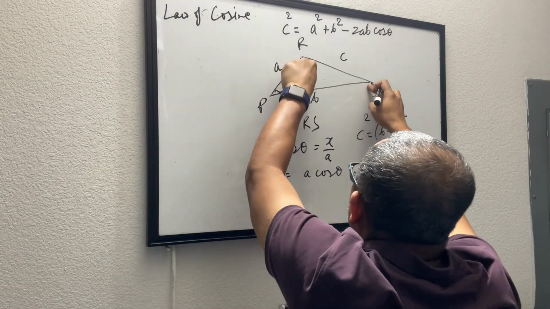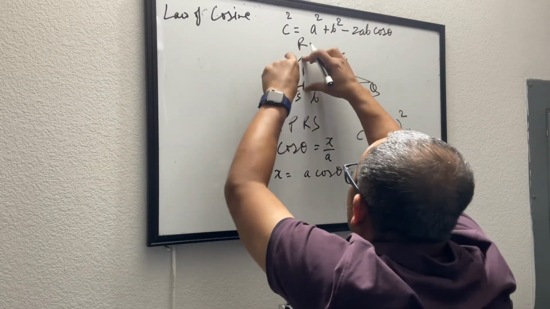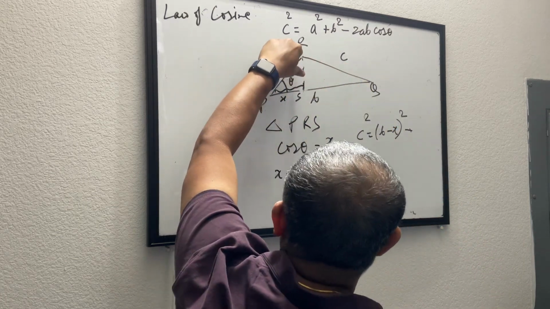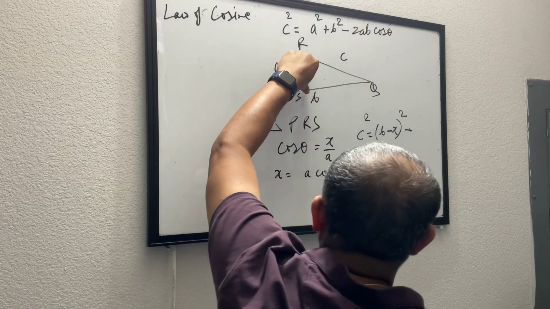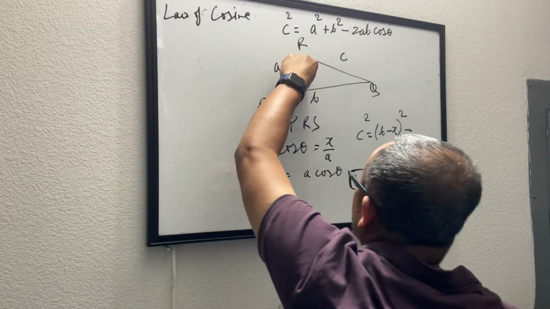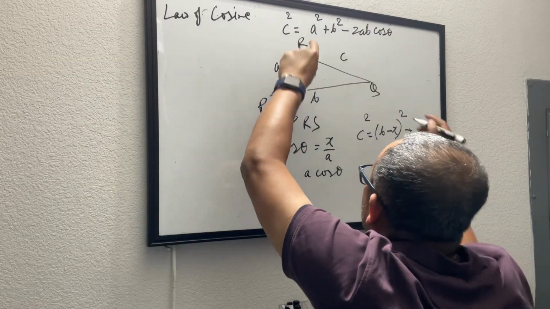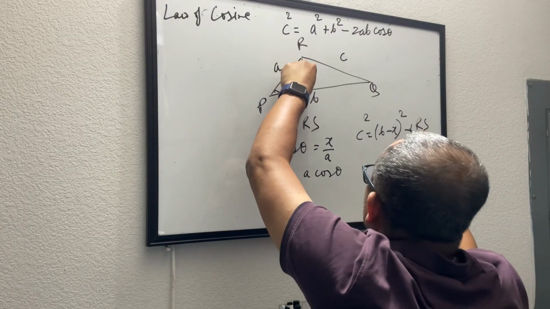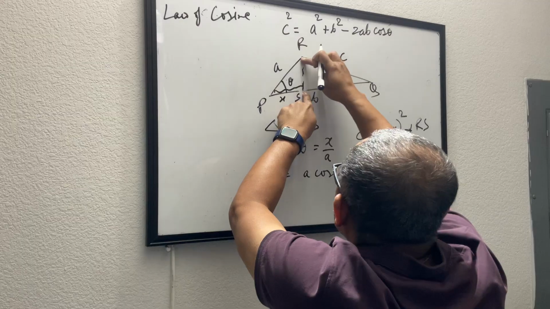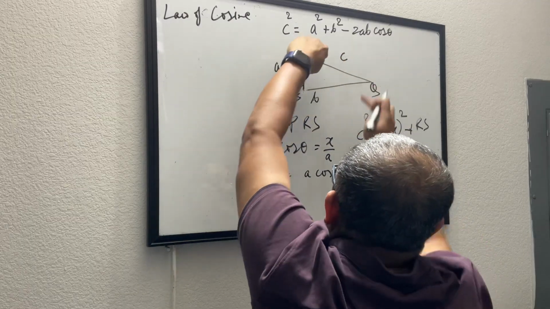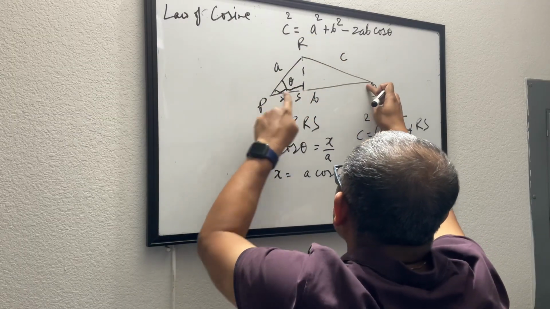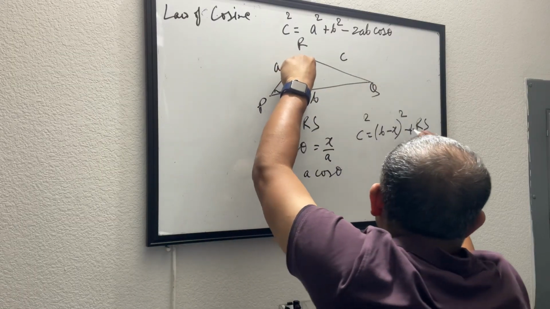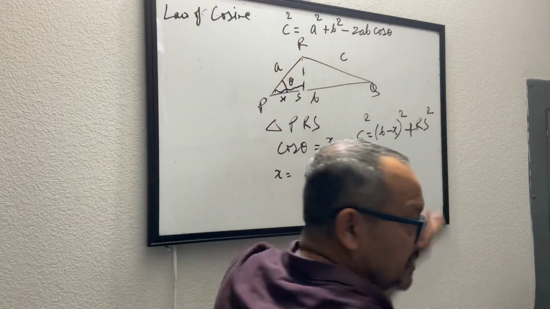plus this length squared. R to B, no, we don't know this one. Sorry, R to S. We'll say RS. So this square plus this square equals c square. So c square equals b minus x squared plus RS squared.